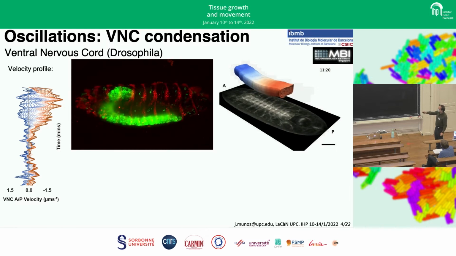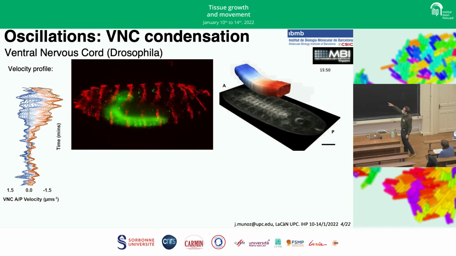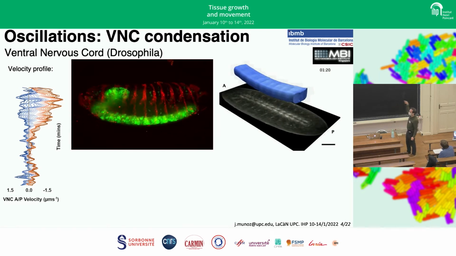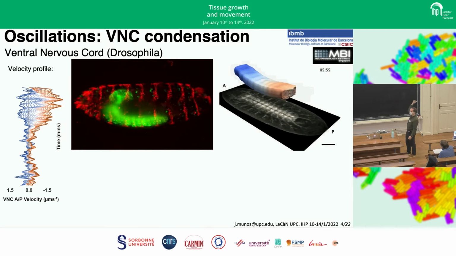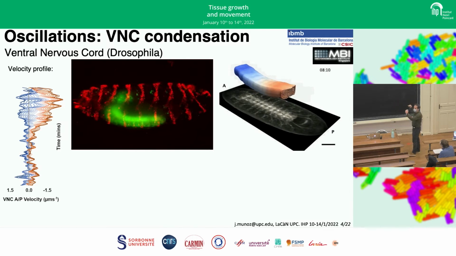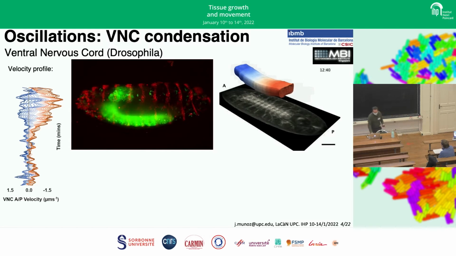The lines on the right show negative velocity, going toward the anterior side, and the ones on the left are going towards the right. So there is a condensation process with a fixed point somewhere here in the middle where it condenses.